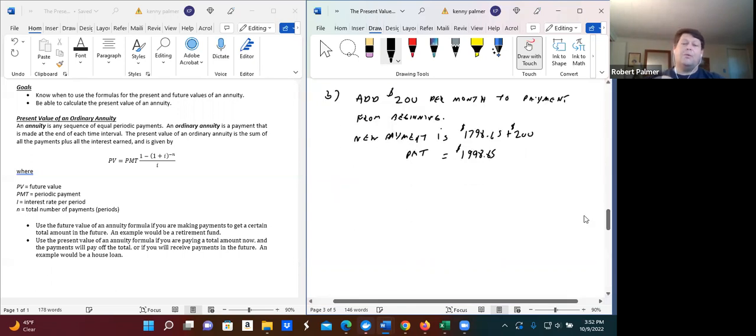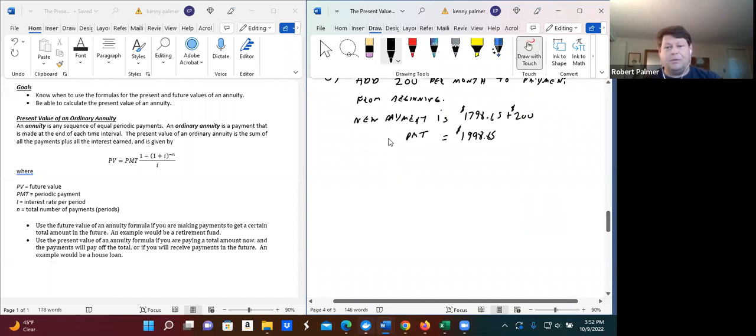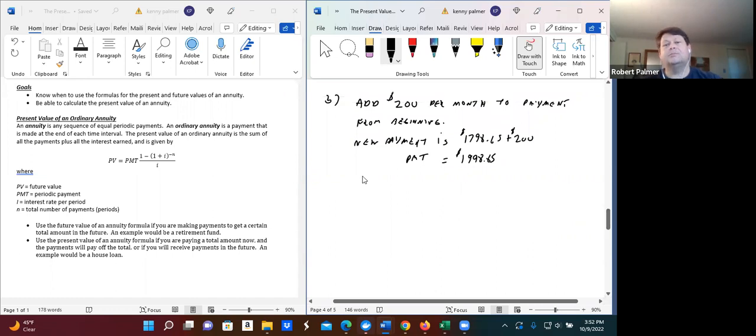Now with that, we want to find the number of payments needed, to find out how many payments we're going to need to make that happen.